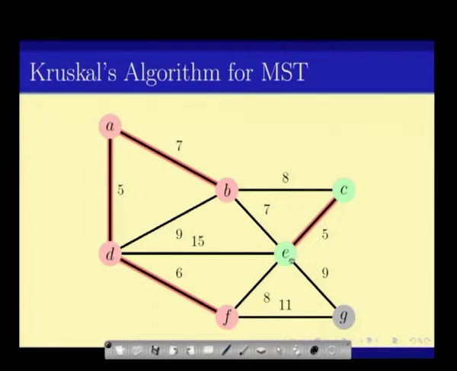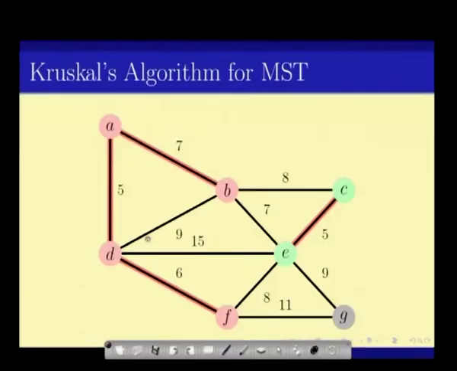So, what do the red color and green color signify? All the red vertices are in a single connected component. Importantly, if I want to pick the edge BD, I should not be allowed to, because they are in the same connected component, so I know that there must already be a path from B to D. So, I would be introducing a cycle, which is not what I want.